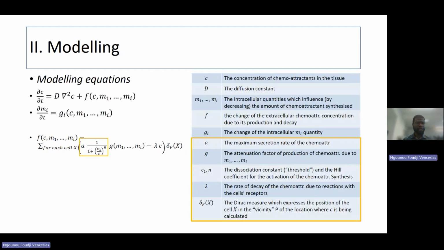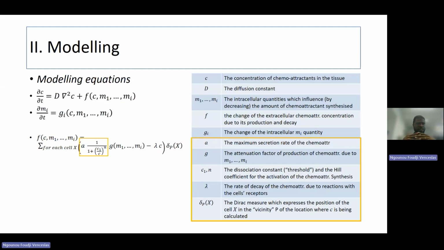The production term here takes into consideration the concentration C of chemoattractant sent by the cell, but also another parameter C1, which represents the sensitivity of the receptors of the immune cells to the gradient.